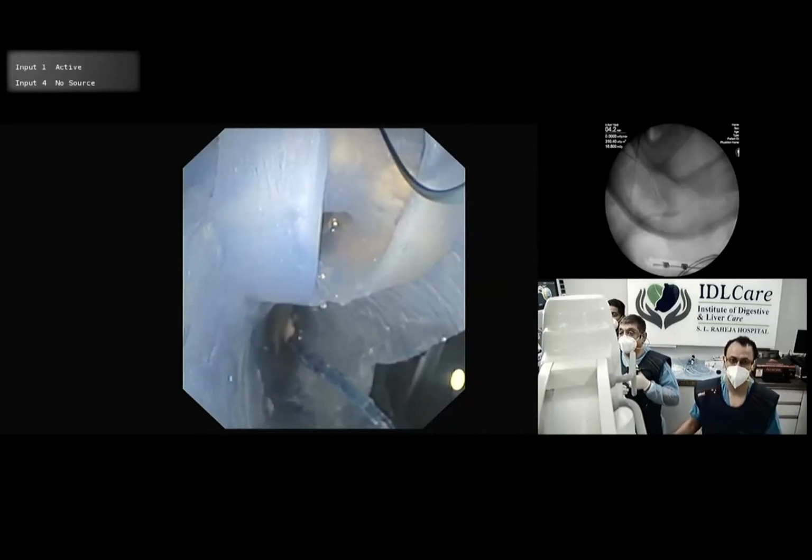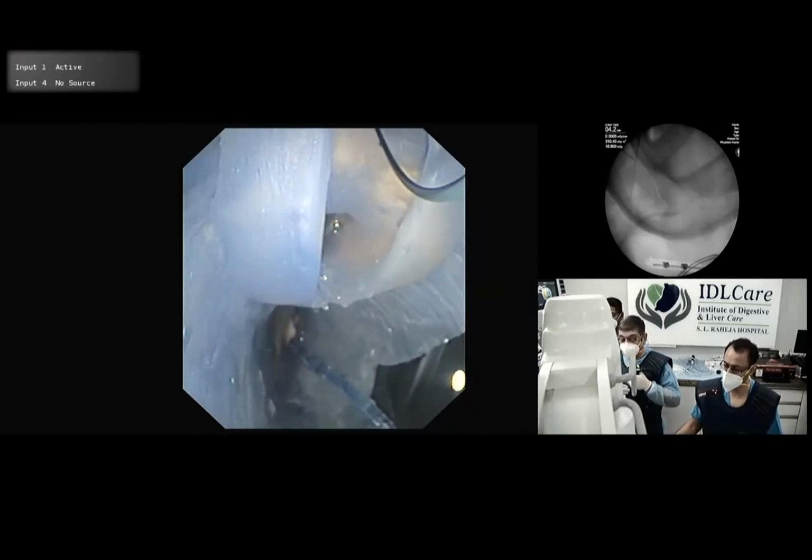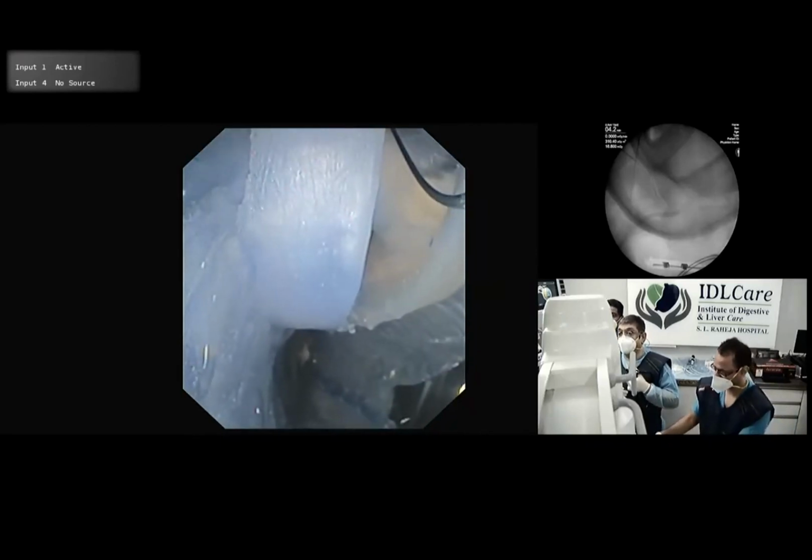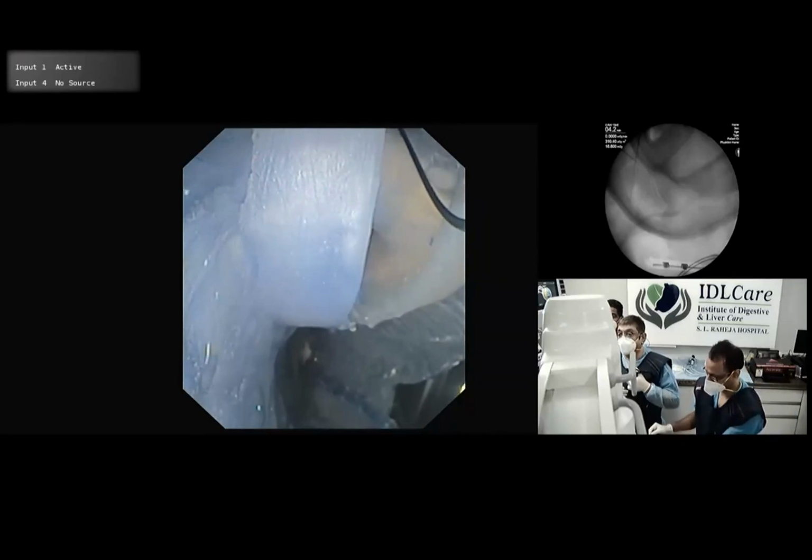See this? Once the wire comes out of the biopsy channel, we can use this wire to cannulate. So we are trying this. Let us see if it works. Sometimes it slips. If it slips, we can always try the other methods. So when you are withdrawing this, you should always remember, see, it has slipped.